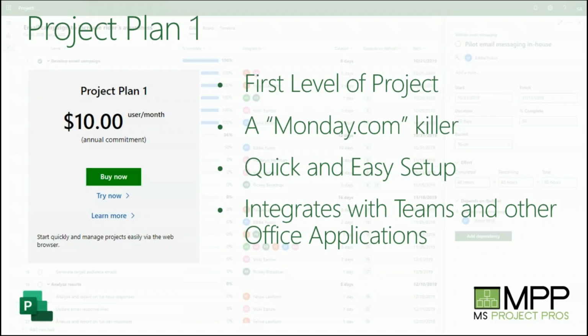For example, even starting to understand things like baselines within these projects that they're managing. So it's very easy to set up, quick and easy to set up. You're basically turning the license on, maybe sharing some knowledge transfer to the end user, the project manager, and they're up and running managing projects.